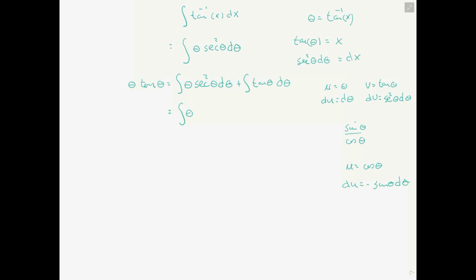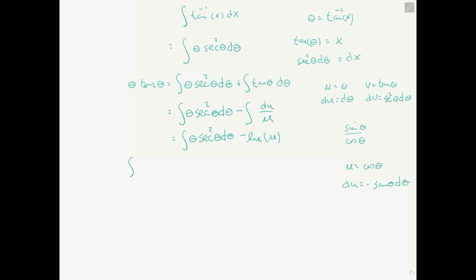So we have here theta secant squared theta d theta minus the integral of du over u, and that's theta secant squared theta d theta minus the natural log of u.